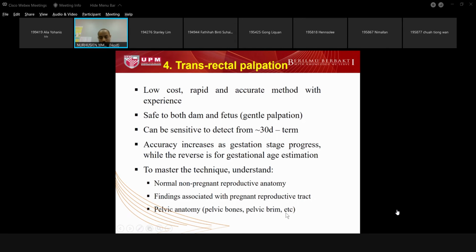The pelvic brim is the part of the pelvis that creates the boundary between the pelvic cavity and the abdominal cavity. So usually your pregnancy diagnosis by rectal palpation will be playing around within these two cavities, the pelvic cavity and the abdominal cavity. So you should have a good understanding of the anatomy of the pelvic cavity.